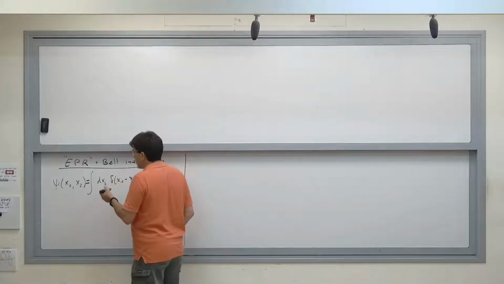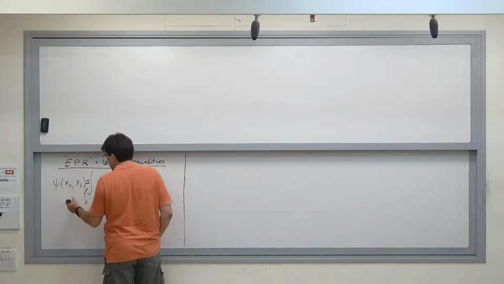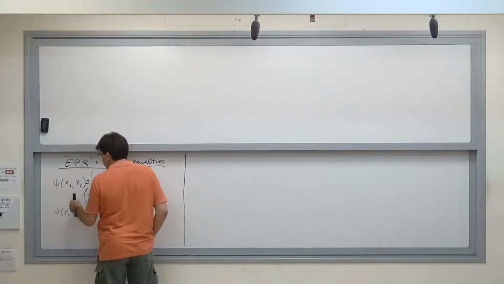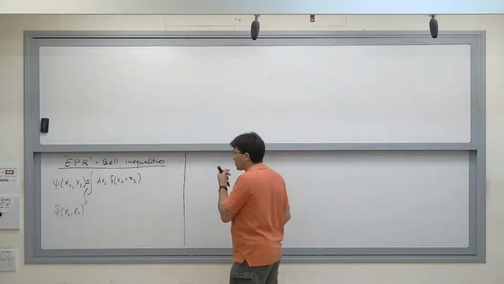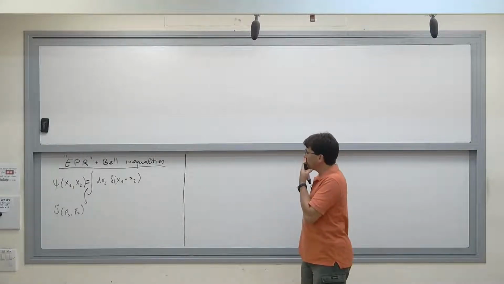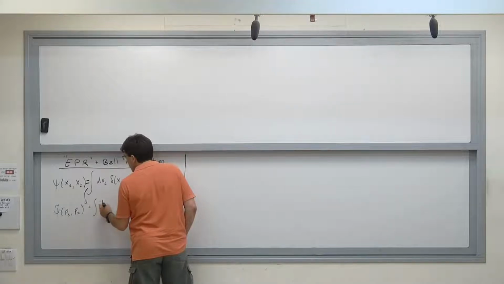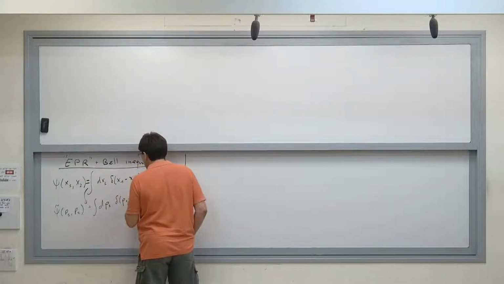If you transform this to the momentum basis, you can write it very similarly. This is really the same state, meaning that if you transfer to the momentum basis, this will become integral dp1 delta of p1 plus p2.